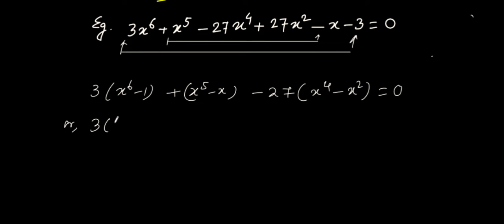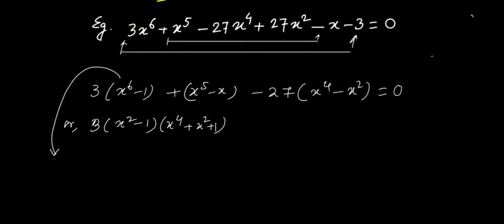Or 3 times x square minus 1 times x to the power 4 plus x square plus 1. Why? Because this x to the power 6 minus 1 can be written as x square cube minus 1, which can be written as x square minus 1 times x to the power 4 plus x square plus 1.